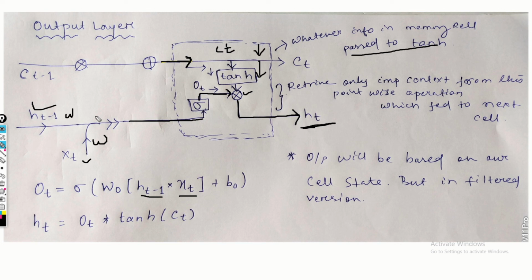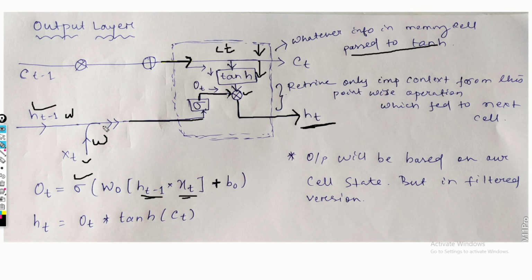So it will be multiplied with weight, and this one multiplied with weight, and both are concatenated with the addition of some bias. If you know the deep learning concept, how the neural network architecture works, this will be very easy for you guys. Then it will pass through the sigmoid function.